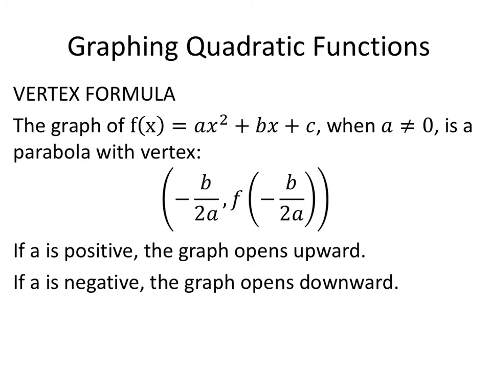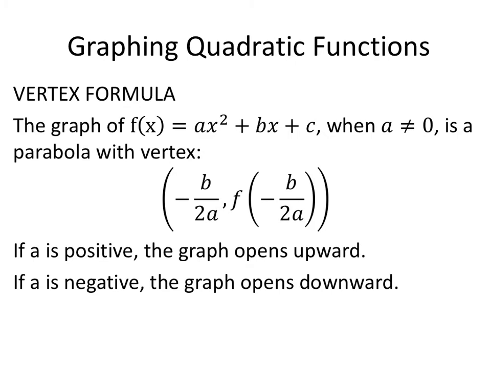If we know what the x value is, then we just plug that value into the actual equation and figure out its corresponding y value. Once again, if a is positive, the graph opens upwards, and if it's negative, it's going to open downwards. Not that that matters when we're finding the vertex. But this negative b over 2a and then the f of negative b over 2a is pretty crucial.